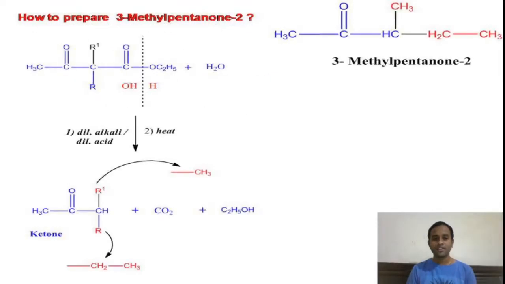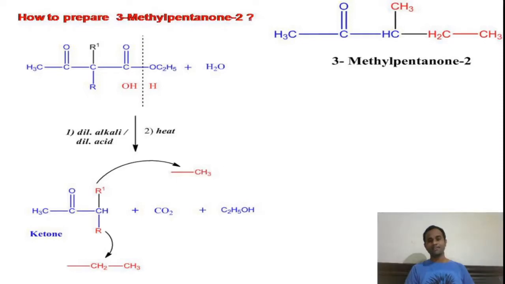By knowing the structure, let us compare this 3-methyl 2-pentanone, at the right side of the slide, with the dialkyl acetoacetic ester. You see here the dialkyl acetoacetic ester. Upon ketonic hydrolysis, we will get this dialkyl substituted methyl ketone as the product, right?